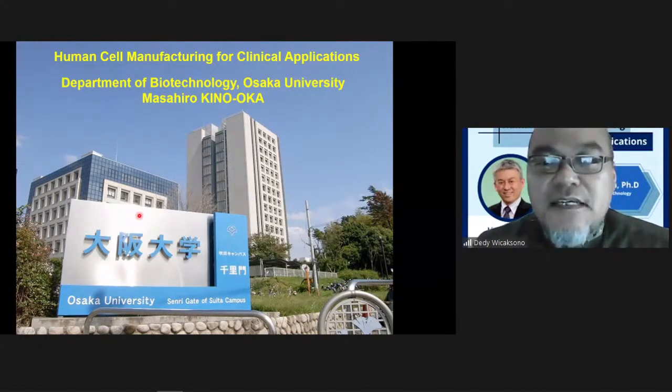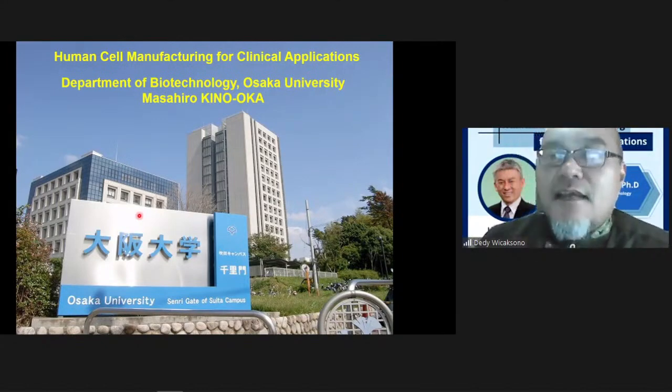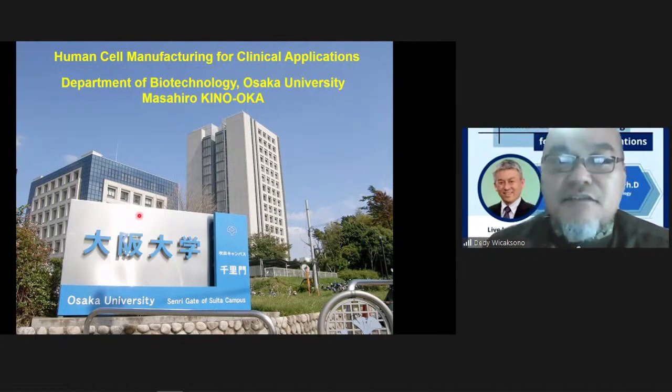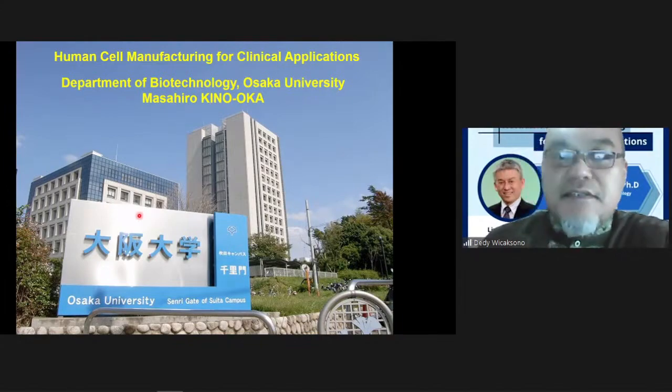Kinooka Sensei earned his BS, Bachelor of Science in Department of Chemical Engineering, Osaka University in 1989, and Master of Science in 1991. Then he became research assistant at the Department of Chemical Engineering, Osaka University from 1991 to 2000, having the project bioreactor and process design for plant tissue culture.